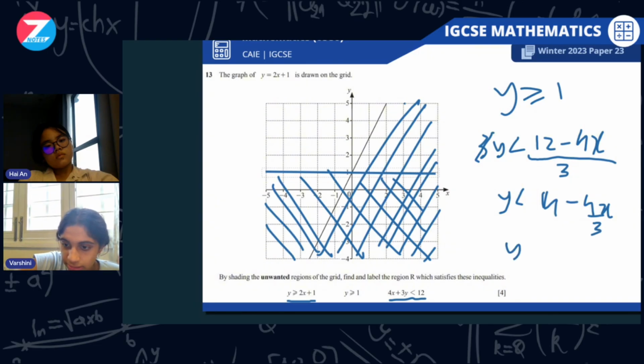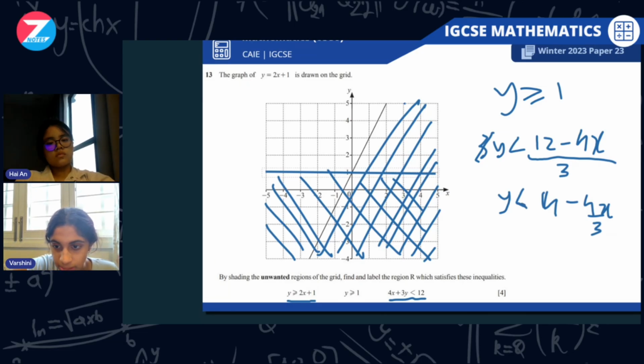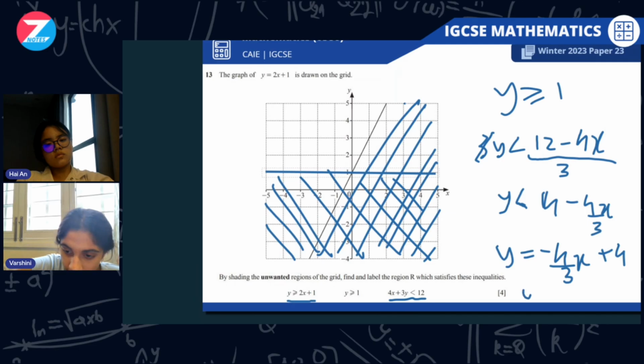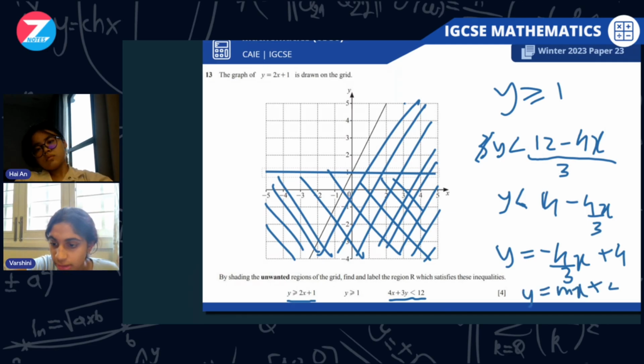To find the graph of this, we need to draw the graph of y equals 4 minus 4 by 3x. We can also rewrite this as minus 4 by 3x plus 4. This is in the same format as y equals mx plus c, and c is the y-intercept. So the y-intercept over here is going to be 4.